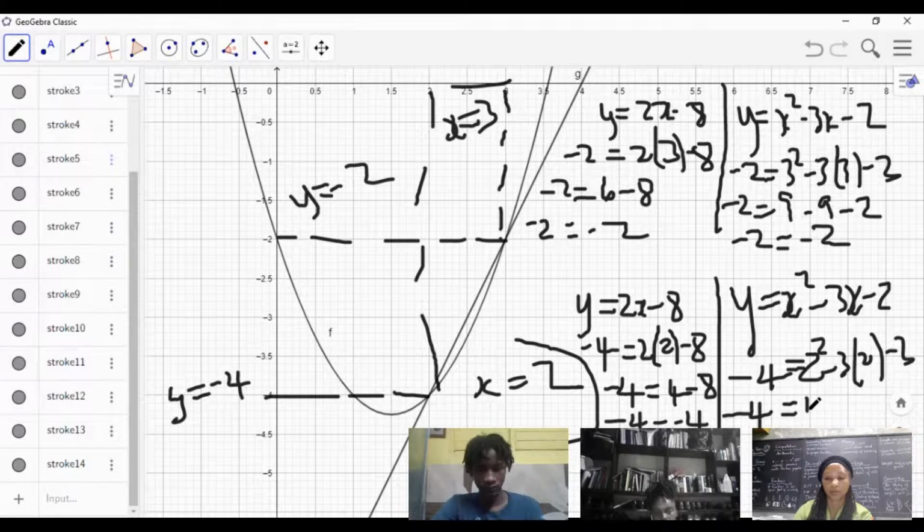So negative 4. 2 squared is what? 2 squared is 4, miss. Minus 3 times 2, which is minus 6, minus 2. So negative 4. 4 minus 6 is negative 2.